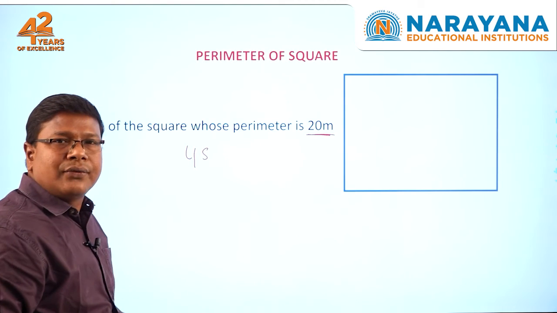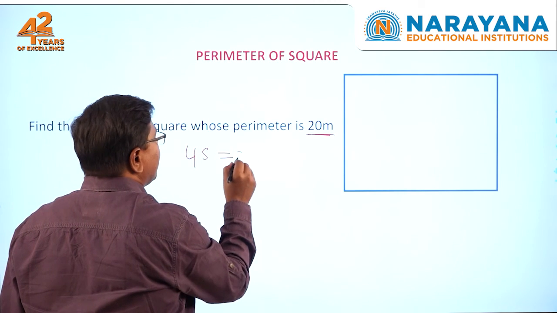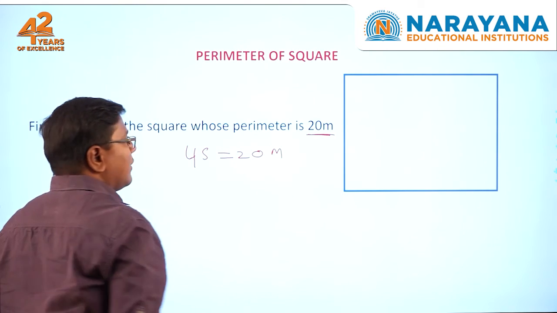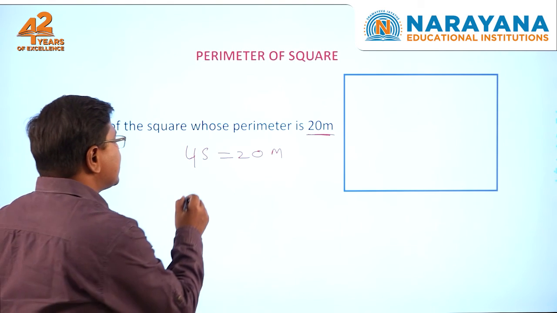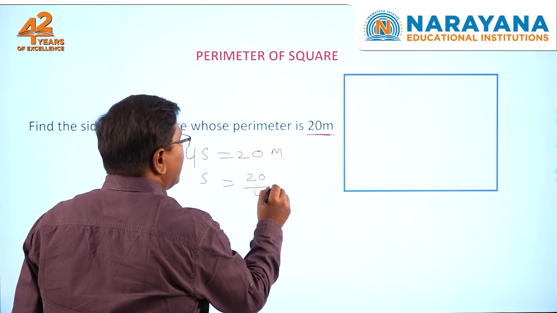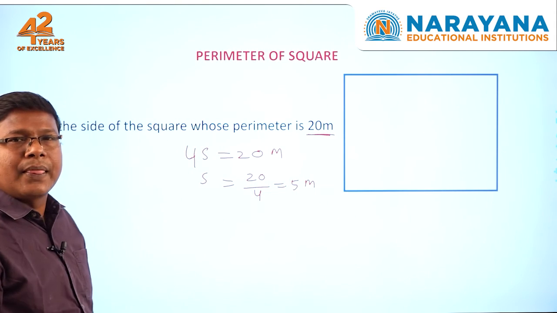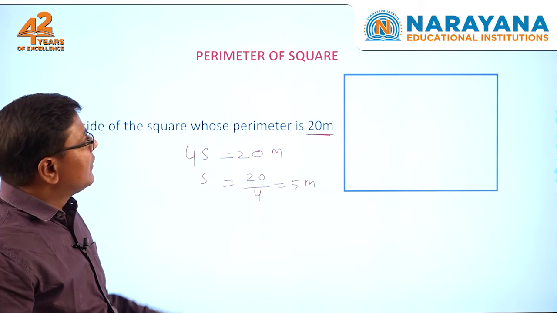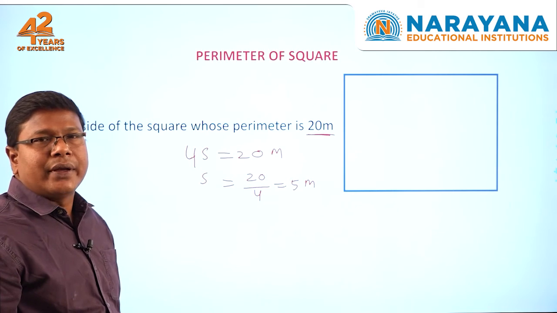We know the perimeter is 4 into S, which is equal to 20 meters. So to find S, each side length, we get 20 by 4, which is 5 meters. So this is the problem and the formula related to the square.